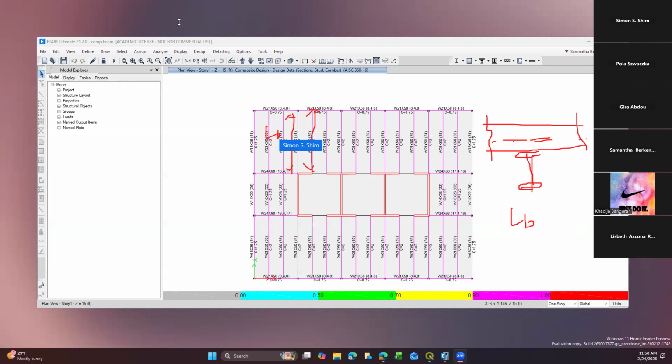But since we tie the concrete with studs, the steel beam is secured, prohibiting torsional buckling. Lateral torsional buckling is eliminated because of this.